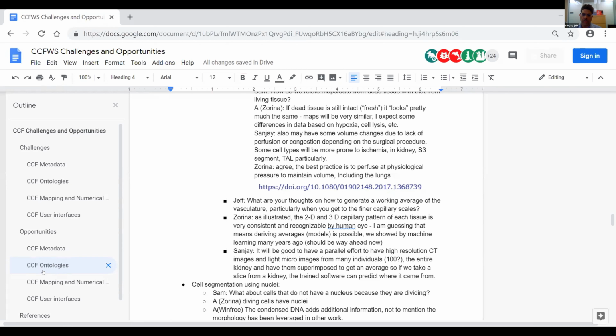I think that's where the strength is. And once we understand that among different individuals, and when we do validation studies, you'll be able to see how well what you have generated from your sampling of a limited area reflects on the rest of the organ, right? So, that's something we can't really predict because we don't really have that much data yet.